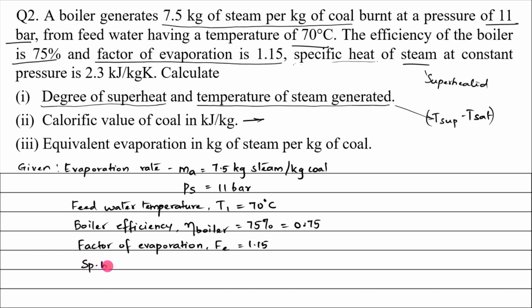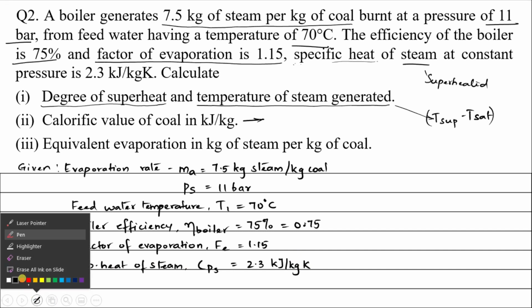Then I am given the specific heat of steam at constant pressure, denoted by CPS, equal to 2.3 kilojoule per kilogram Kelvin. So all these parameters are given to me.